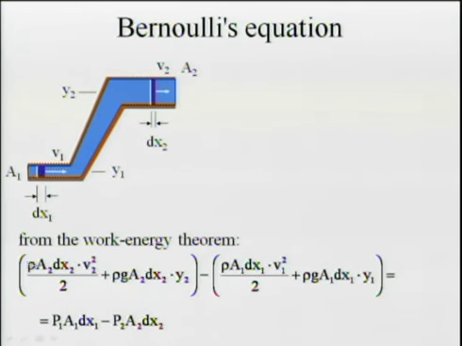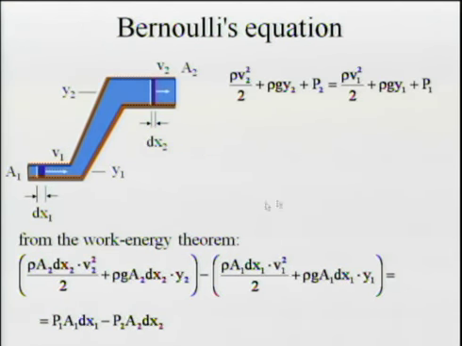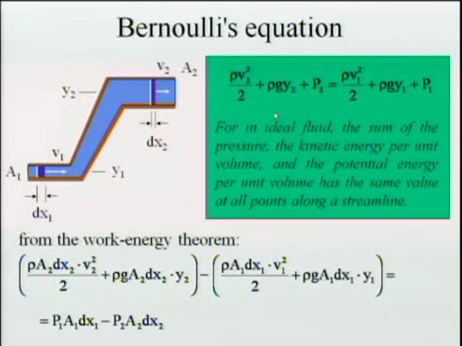And everywhere I have a product A and dx. All of them, therefore, are going to cancel. And therefore, after simplification, I'm getting an expression which says that for an ideal fluid, the sum of the pressure, the kinetic energy per unit volume, and the potential energy per unit volume remain the same.